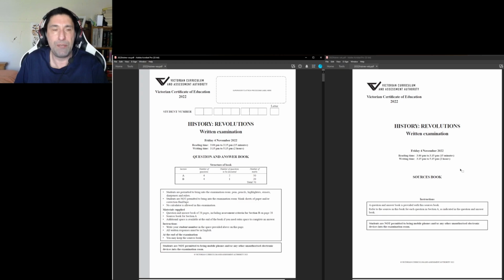You are not allowed to do any writing during the reading time, but you can open up both of these booklets and read through the questions and look at the sources. And these sources will be a mix of images, primary sources, written extracts, as well as probably historical interpretations as well. And all the questions will relate to those in section A.